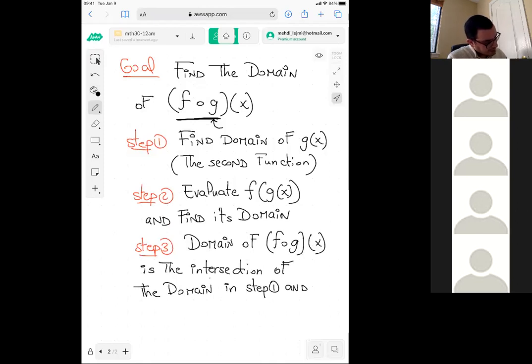So step 1, that's the domain of g, and step 2, that's the domain when you simplify f of g of x. Right. So okay, let's do an example.